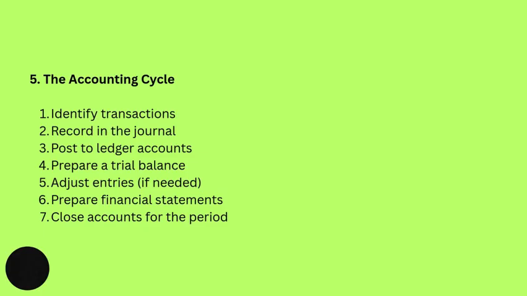As we dive into the accounting cycle, let's break down the essential steps involved. First, we start with identifying transactions. This is where we determine what financial events occur within the business.